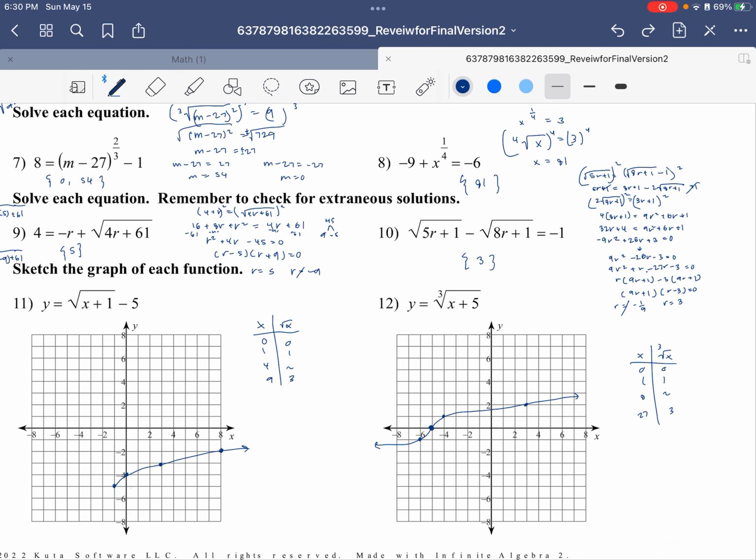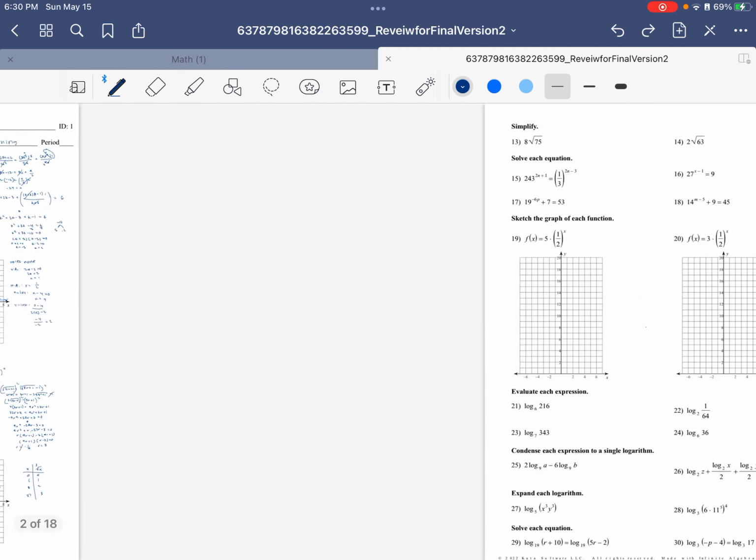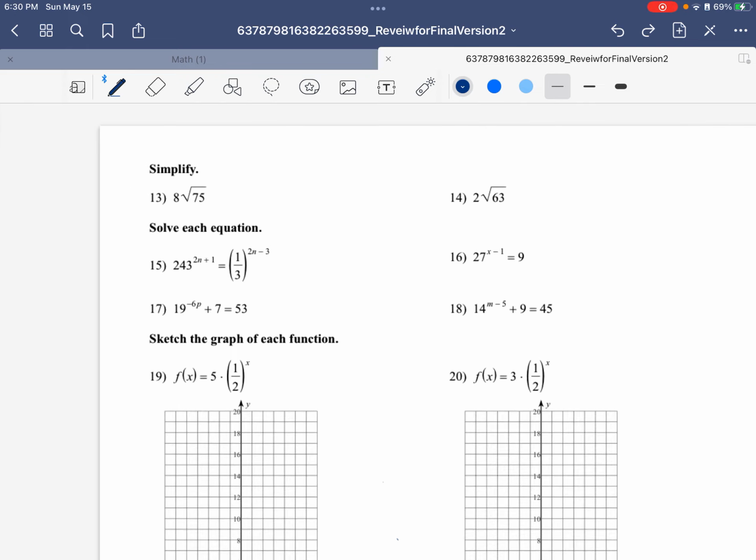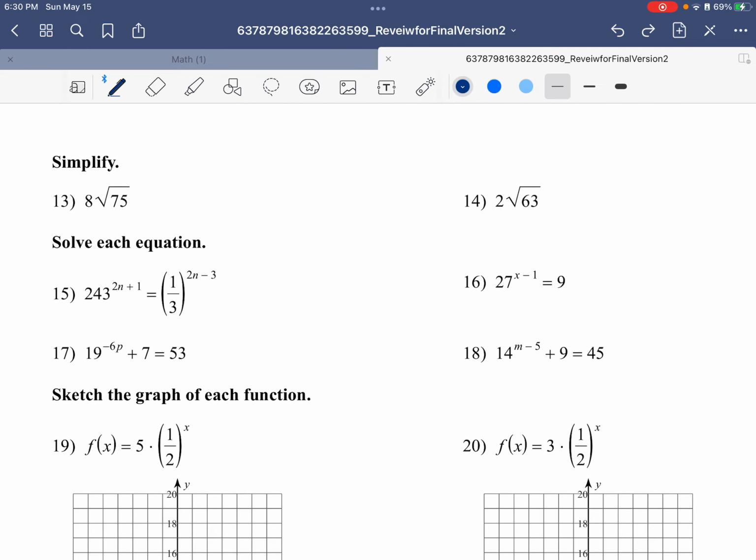Yeah. Okay, let's do these ones, because we'll do these two, and then I shall make another part. So simplifying is simple. You just need to find a way to factor out the inside number into something that will allow you to take something out.